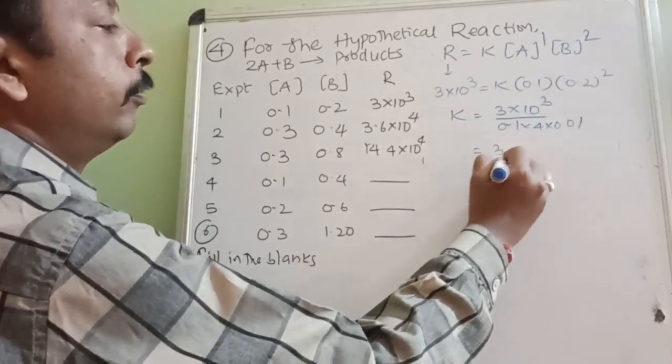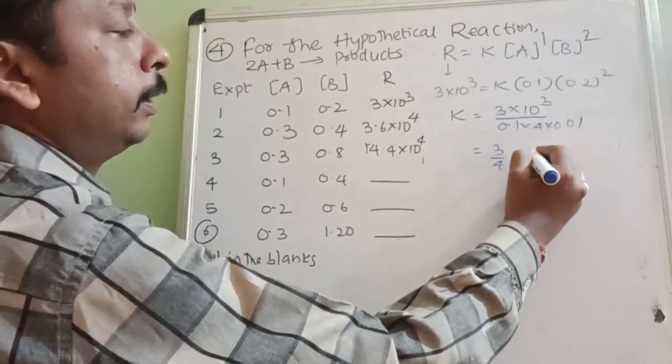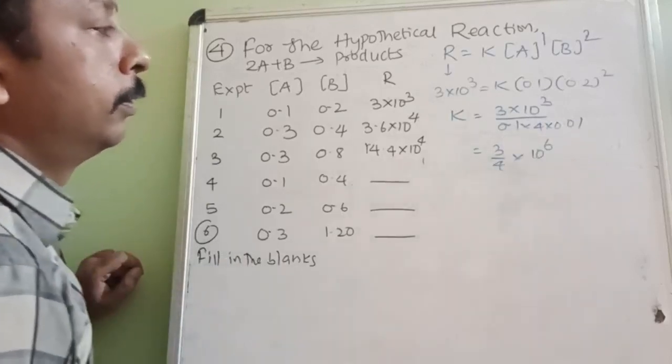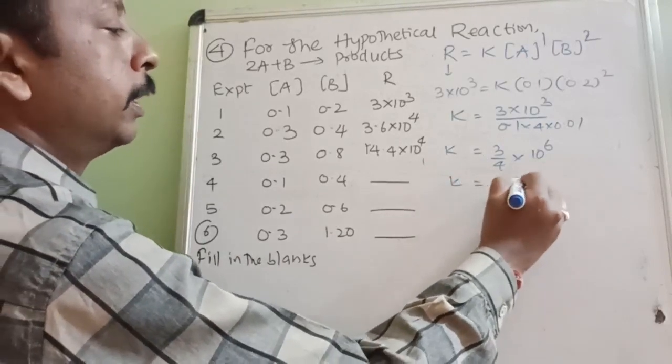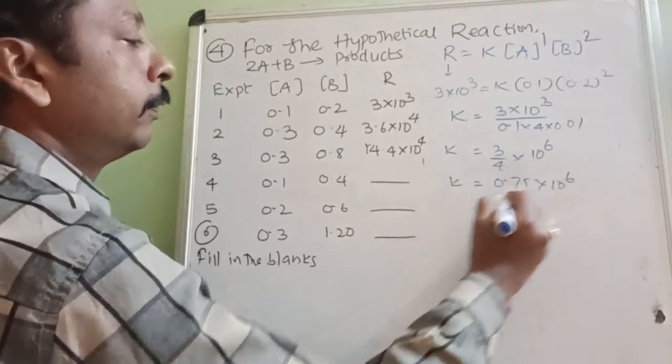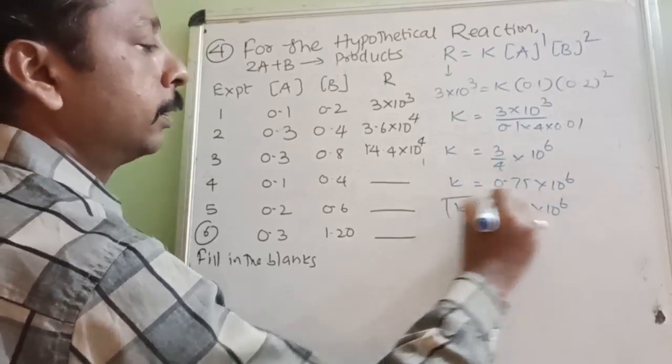So 3 by 4 into, this is 10 to the power of minus 3, 10 to the power of 6. Okay. So k is equal to 3 by 4 means 0.75 into 10 to the power of 6 or 7.5 into 10 to the power of 6.